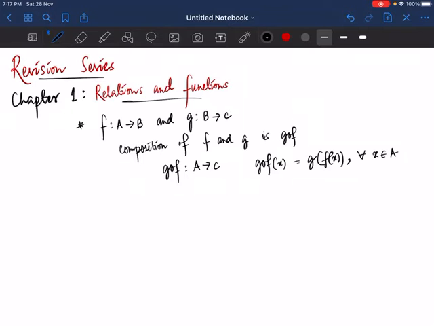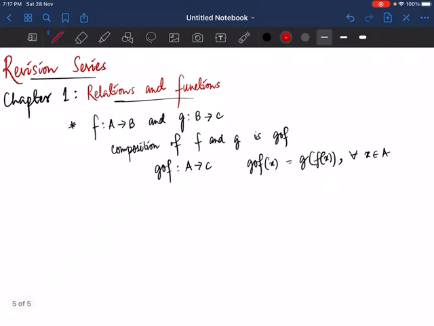Now if I have to explain this diagrammatically, suppose we draw an arrow diagram. So we have two figures like this, three figures like this. Here, this one is A, this one is B, and this one is C. So from A to B we have the function f, and from B to C we have the function g.